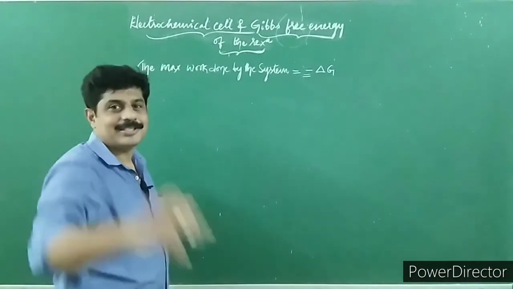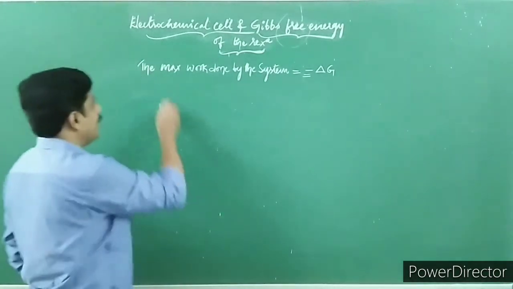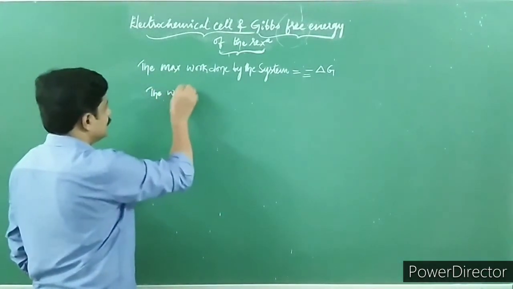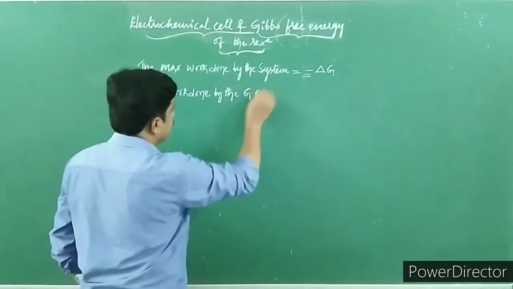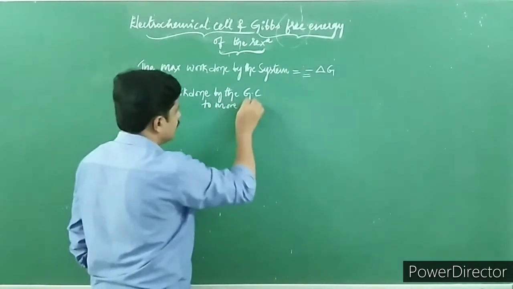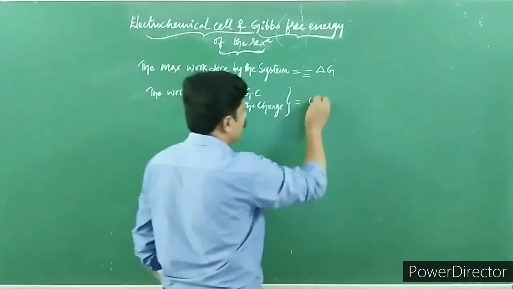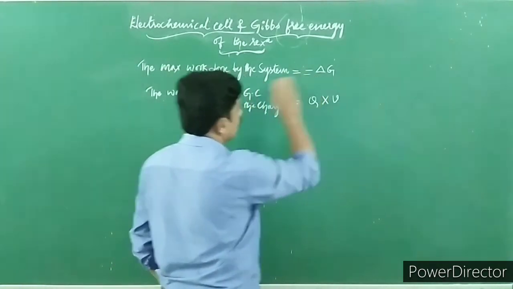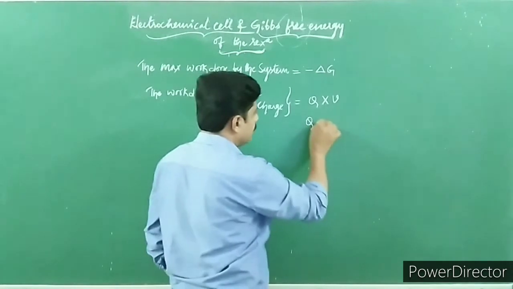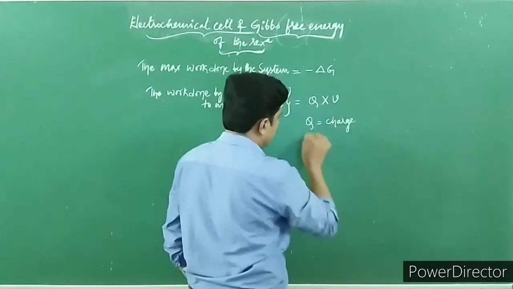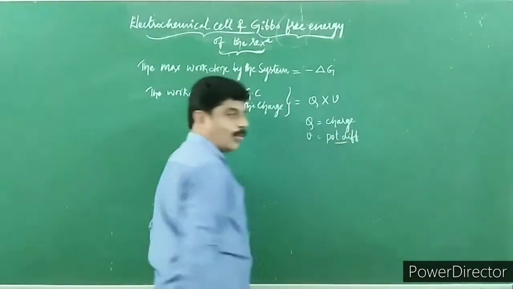Hope you got it. Children, the work done by the galvanic cell to move the charge is given as Q into V, where Q is nothing but the charge and V is nothing but potential difference between the two electrodes.